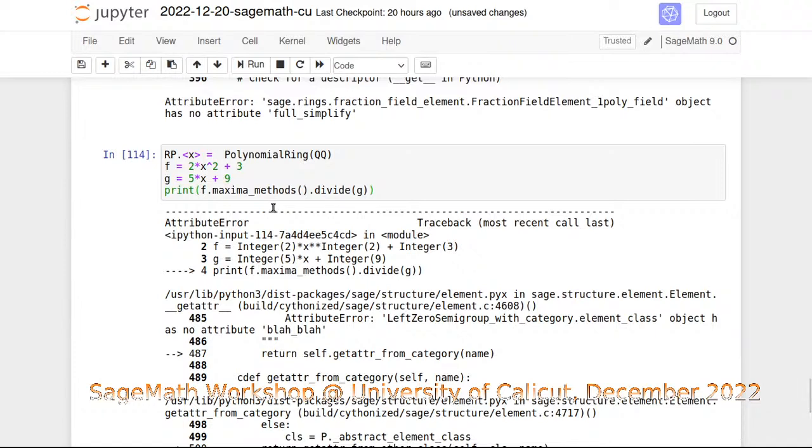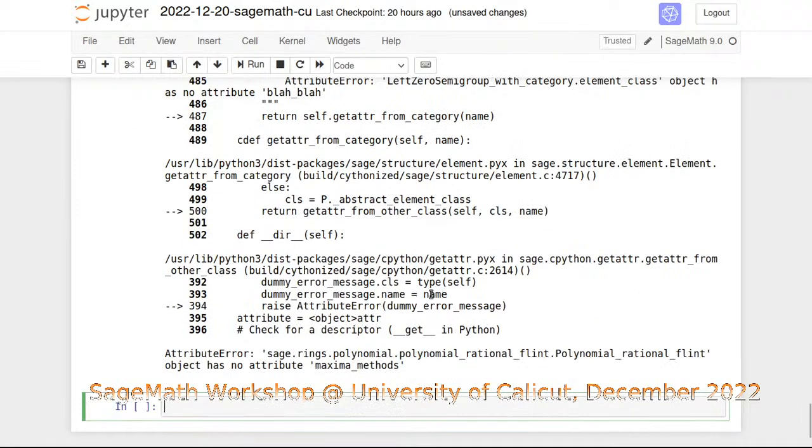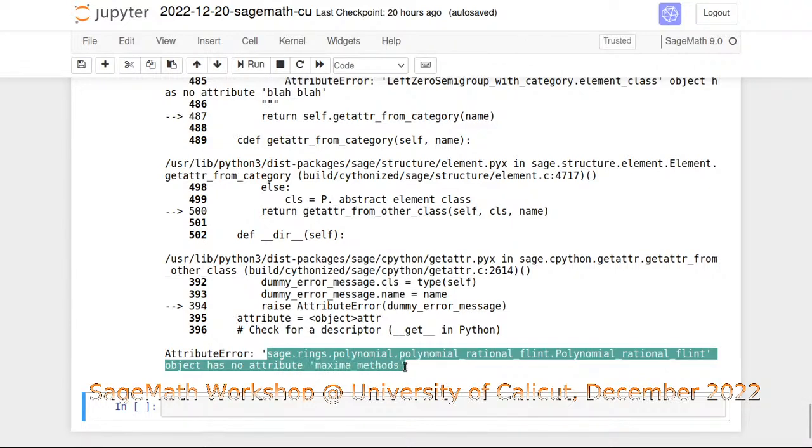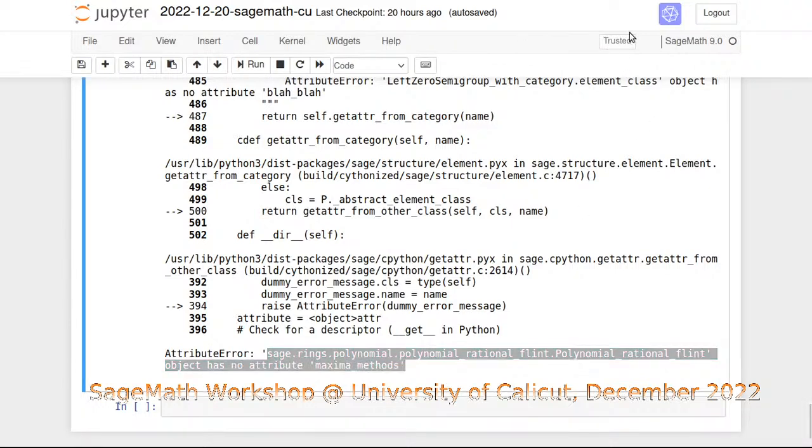What mistake have we made? Print f maximum methods divide g, f divided by g. What does it say? Sage has no attribute. Okay, why is it like that? Let me search for why exactly this error is coming.